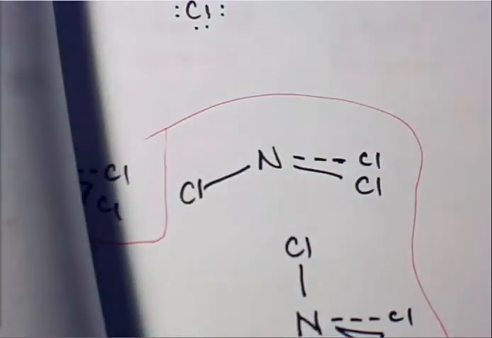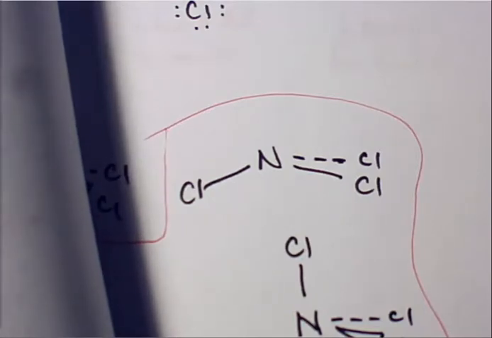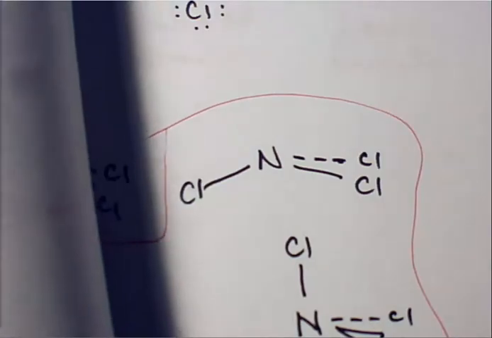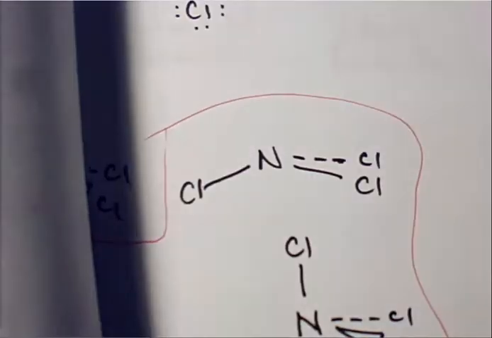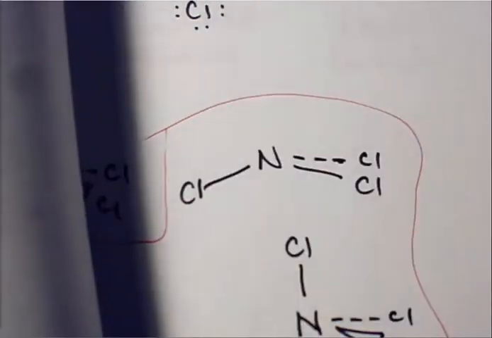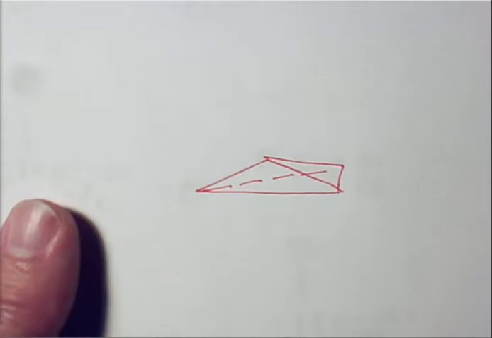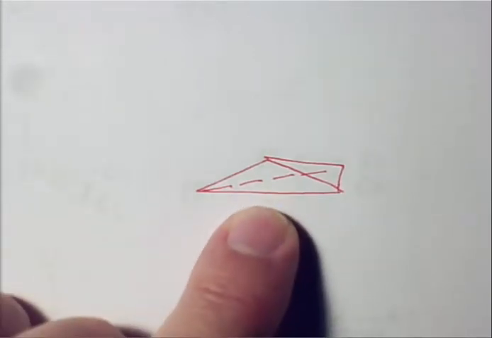So, here's our molecular shape that we just drew. This is just a line drawing that connects all of the atoms in this shape. Okay? And all I'm doing is showing you this so that you can get the idea of what the name of this shape is. All right?